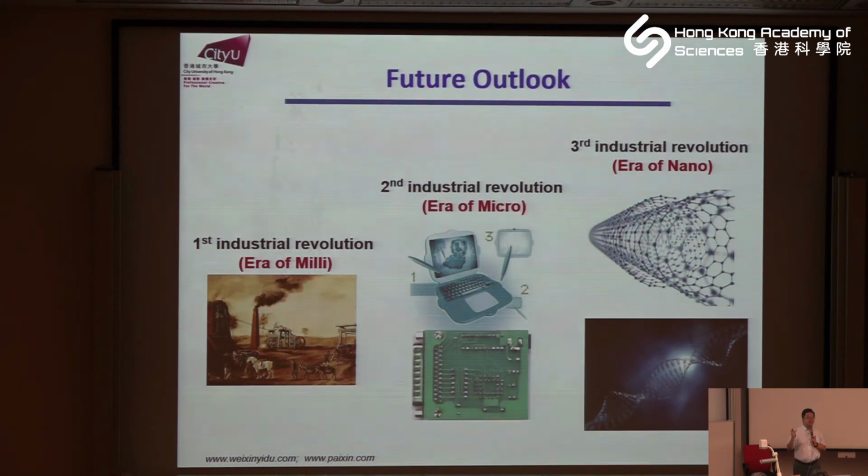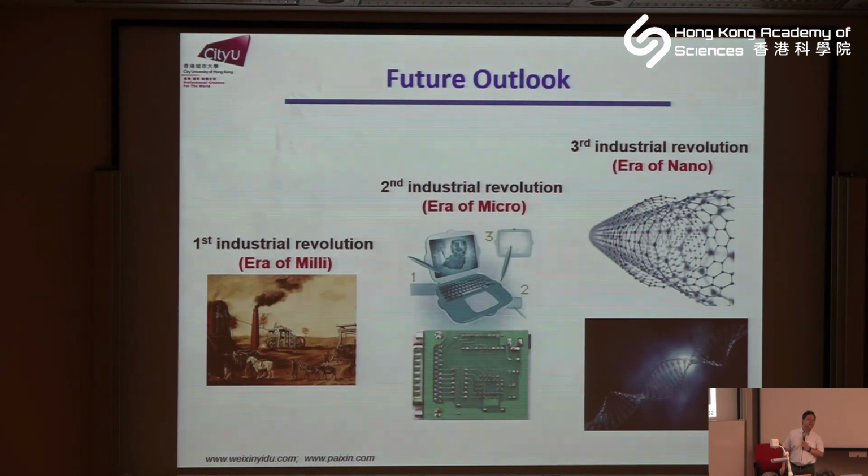It's always about millimeter because at that time they had precision manufacturing of different metals. And up to the second industrial revolution, we think of it as the era of micrometer. So it's 10 to the power of minus 6. Okay? So that's why we have microelectronics. It comes up, we have computers, and we have internet.